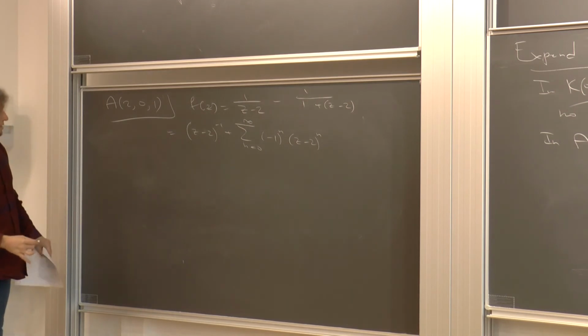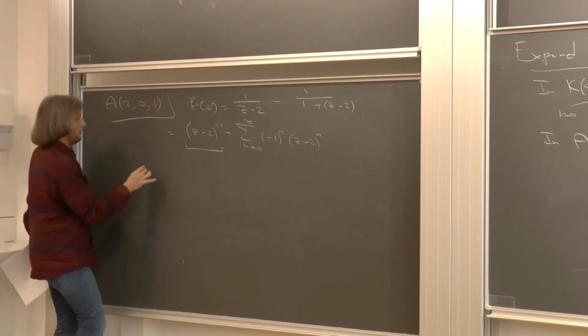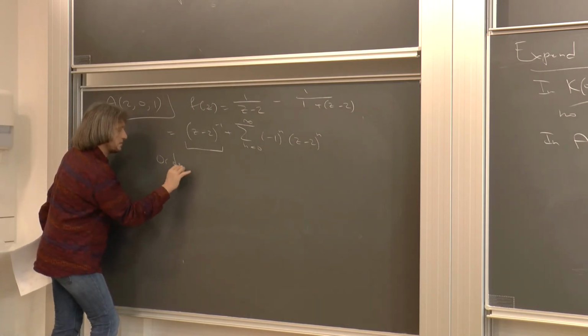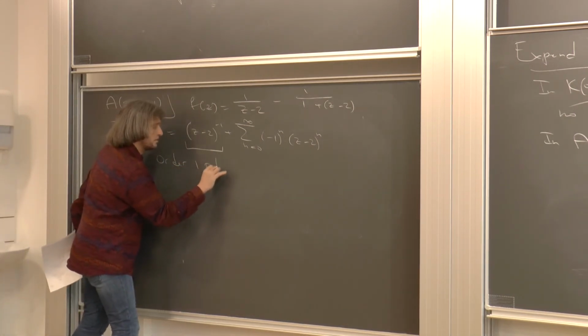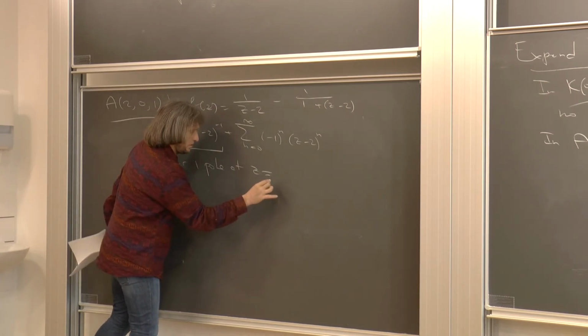So again, because of this summand, we get an order 1 pole at z equals 2.